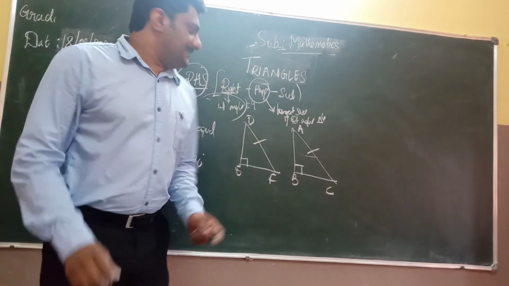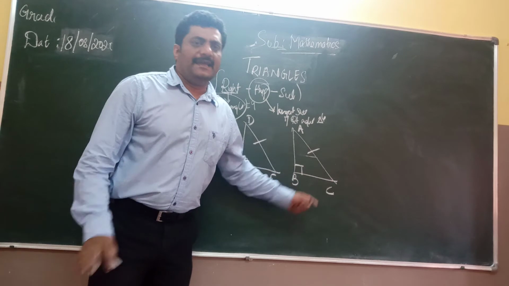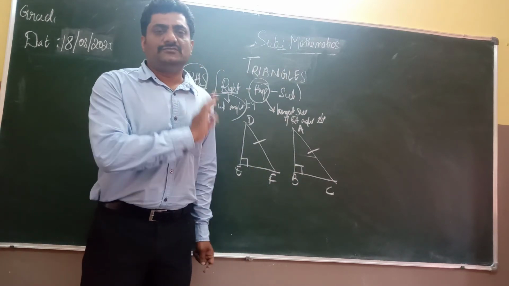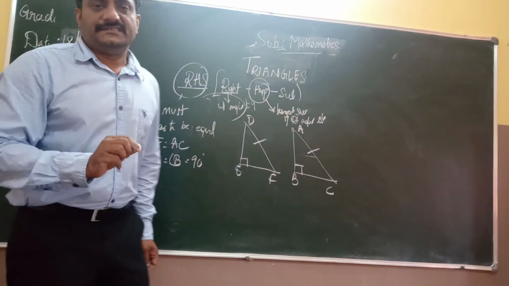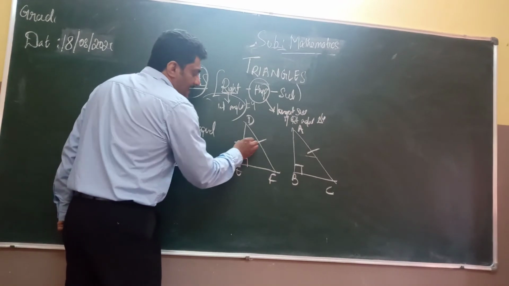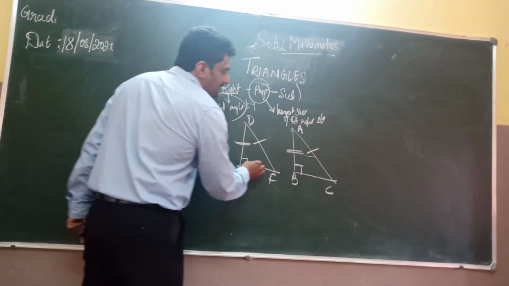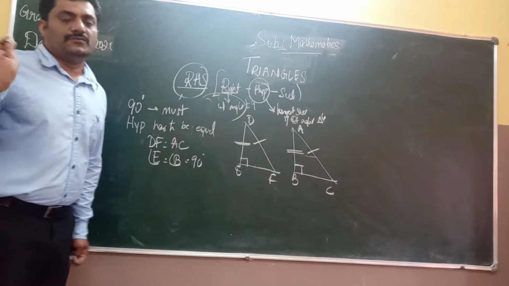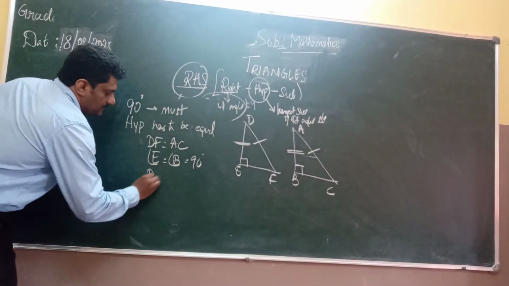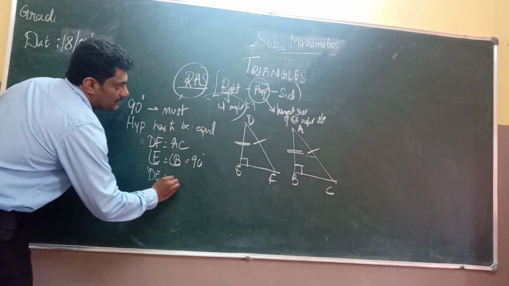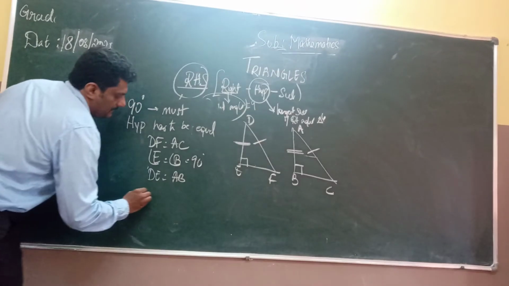The third case is, see we have two sides here. Any one side has to be equal to the other corresponding side. Say for example, I can tell this side equal to this side, or this side equal to this side. No problem. DE is equal to AB.